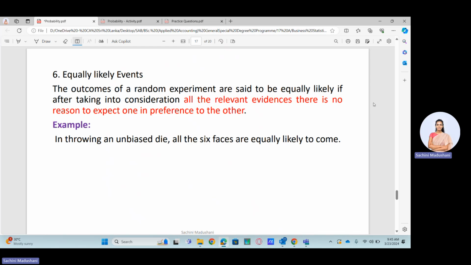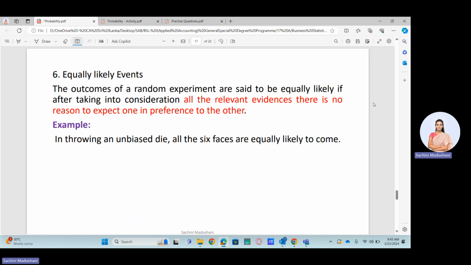Then the other one is equally likely events. It means tossing a coin, getting a head, what is the probability? 1/2. Getting a tail, 1/2. Then what about the probability value? Same. That is what we call equally likely events. Then rolling a dice.